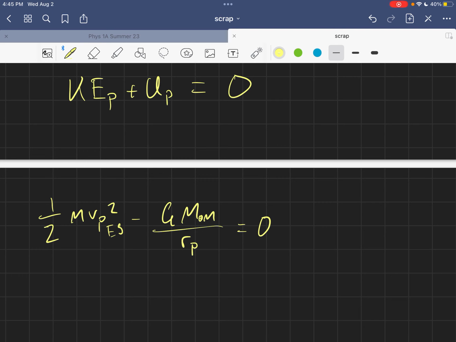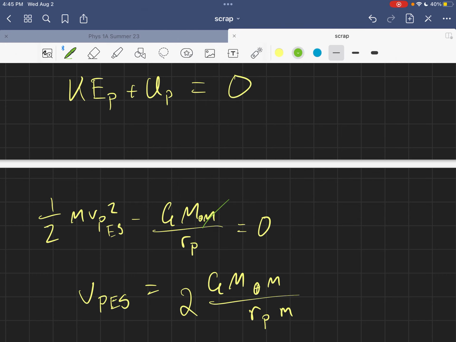And we can solve for this. So Vp escape would be equal to the square root of 2 G M Earth over Rp, because the mass of the rocket is on both sides, so it gets canceled.